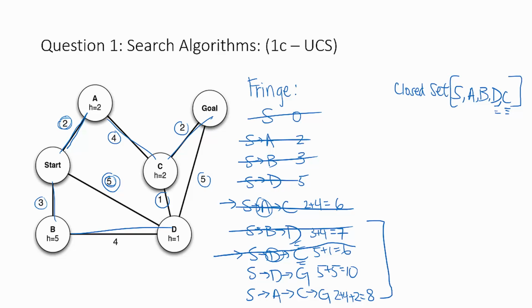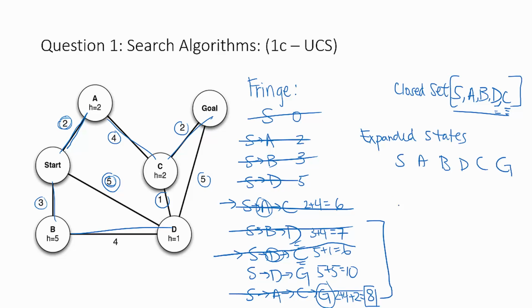Then we have this path that costs 8. Let's pop this off. Hey, here's the goal test, so we're done. The expanded states are S, A, B, D, C, G, and we get that from here. And the path is S to A to C to G.